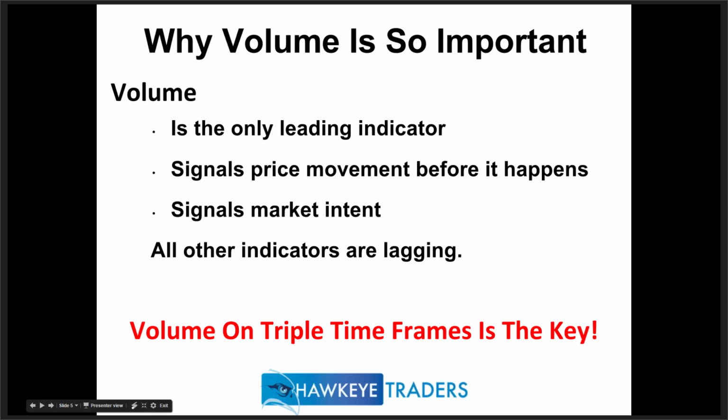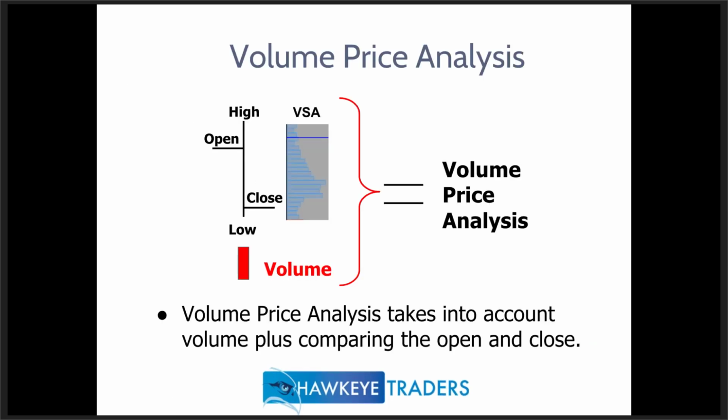So looking at what we do with volume, in a nutshell, volume price analysis looks at the typical volume spread analysis. We're looking at the overall distribution of volume, the overall profile of volume on every single price bar.